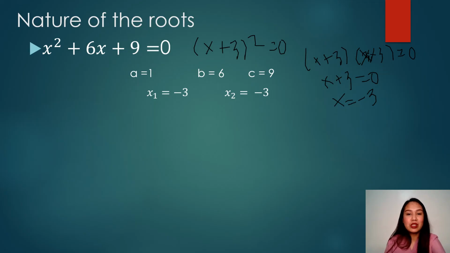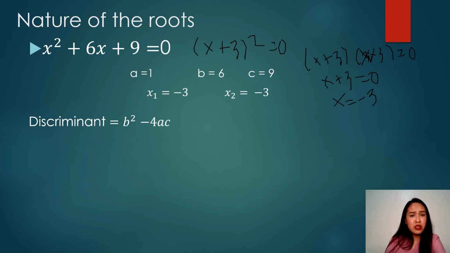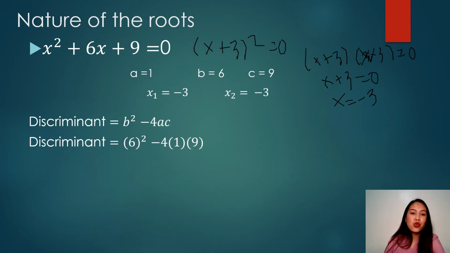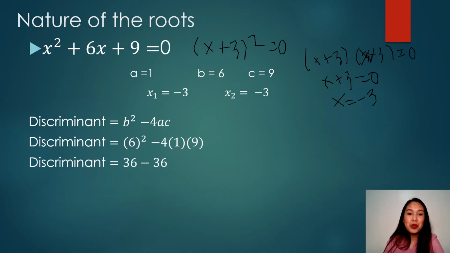Then do it on the other factor, that also gives you negative 3 because it's the same. It's a perfect square binomial. Now for the discriminant, let's go back to the formula, b squared minus 4ac. Substitute the values of a, b, c to this discriminant formula. We'll get 6 squared minus 4 times 1 times 9, so that will be 36 minus 36. Therefore, your discriminant is equal to 0.